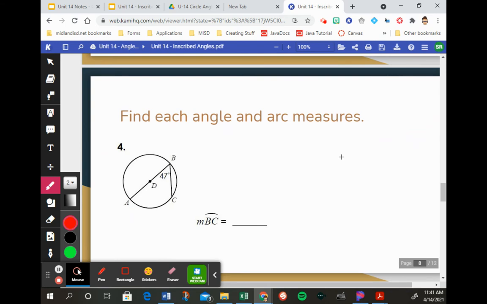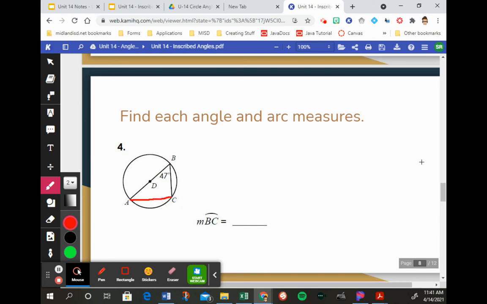What about this one? Well, it's intersecting here. That's not 90 degrees. But if it were connecting here to here, that would be my 90-degree angle.